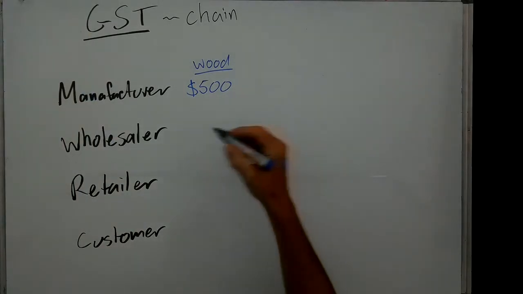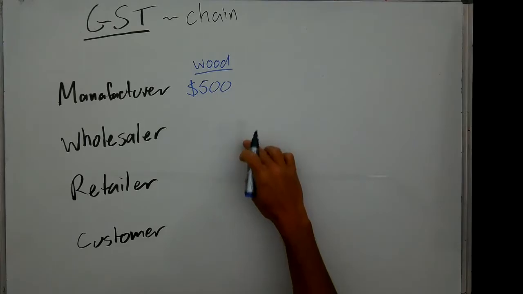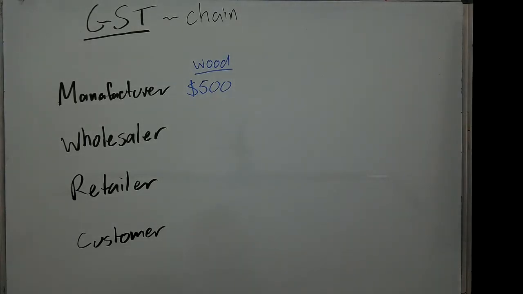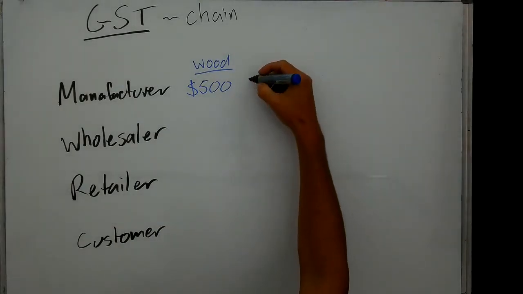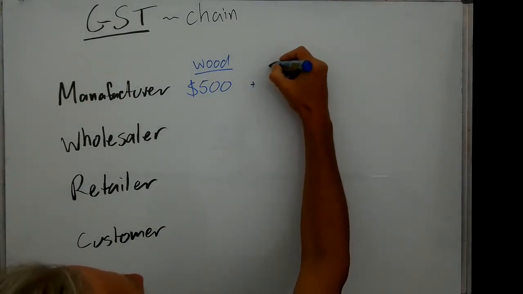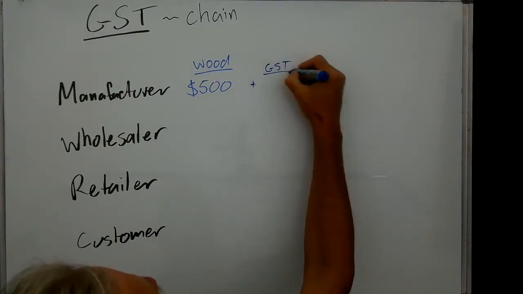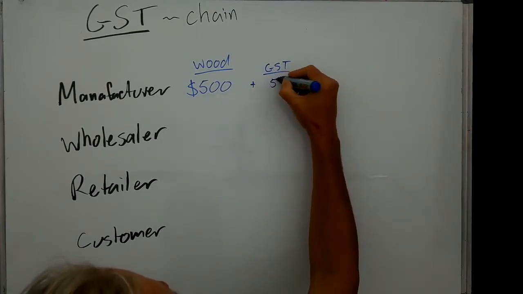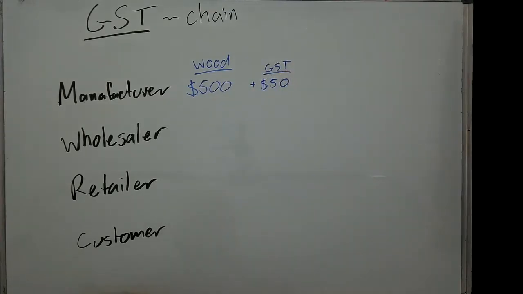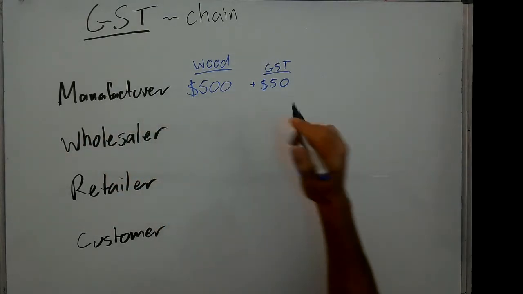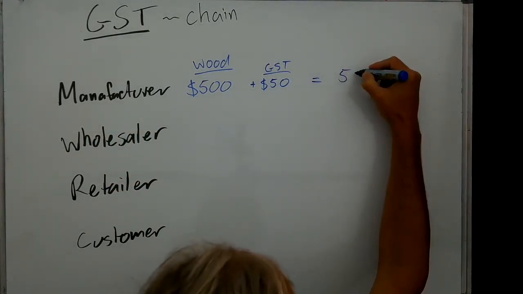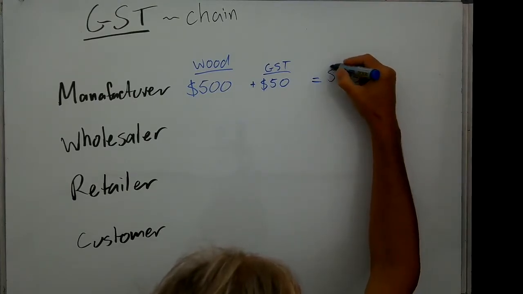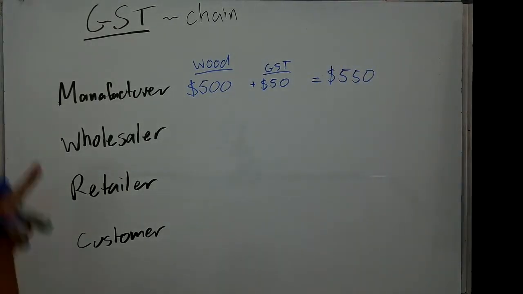So the person who he bought that from, the lumber yard, we just won't worry about that for now, would also add on 10% of this, $50. So the manufacturer actually pays out of his pocket $550 and gets a receipt. That's also important.